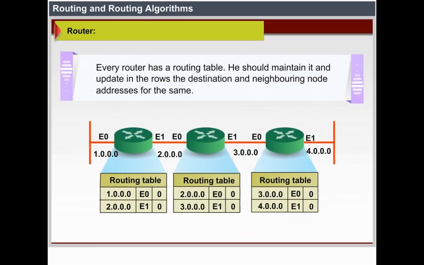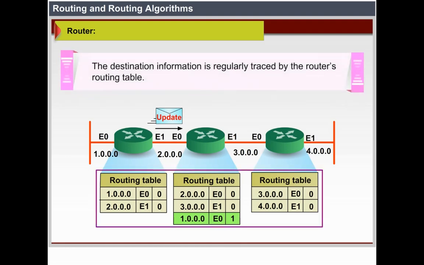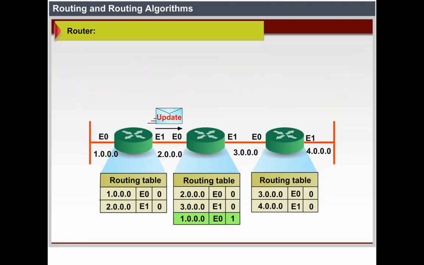Each router maintains a routing table. The table must maintain an update in the rows, the destination and neighboring node addresses for that destination. Each router routing table caches the destination information regularly.